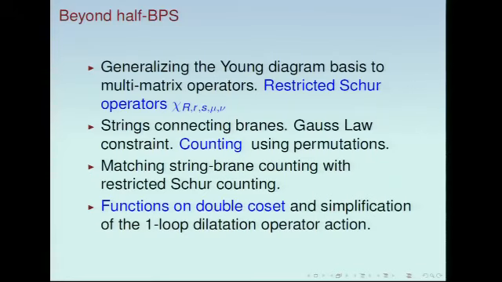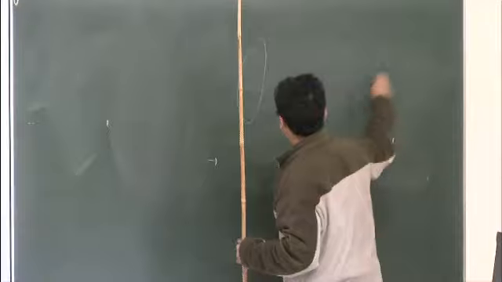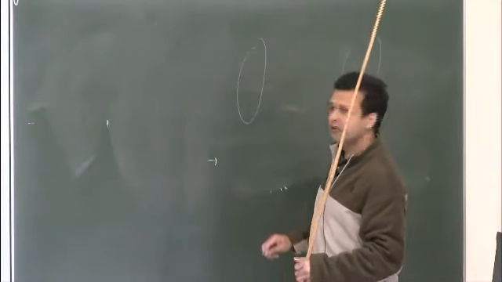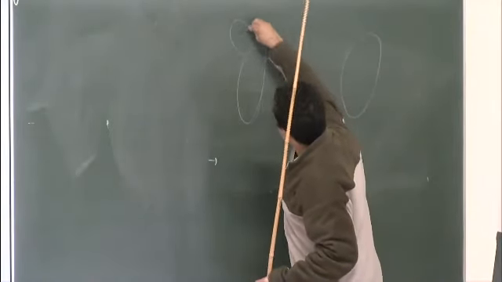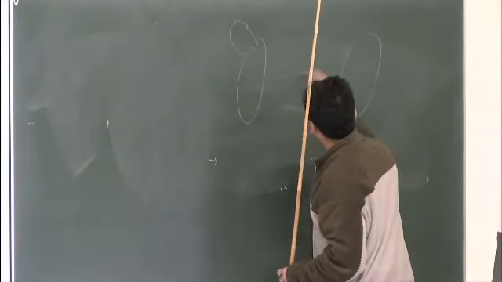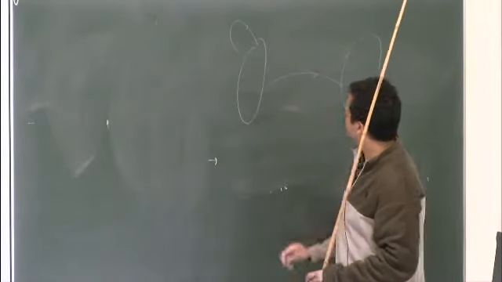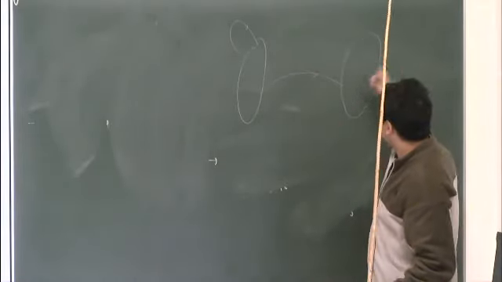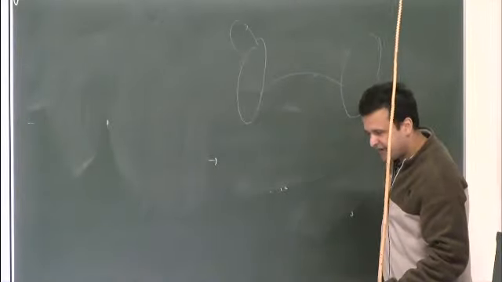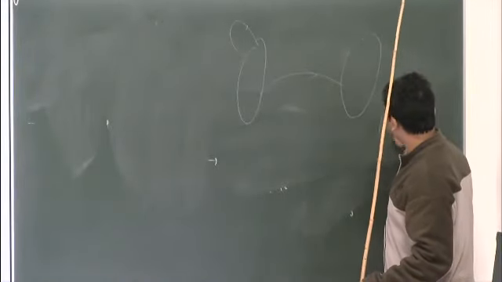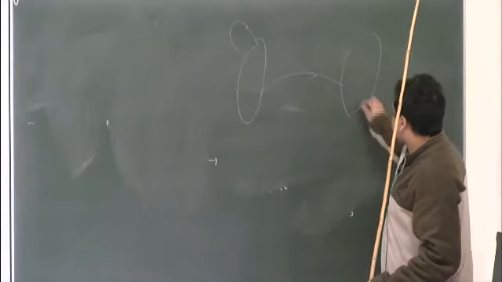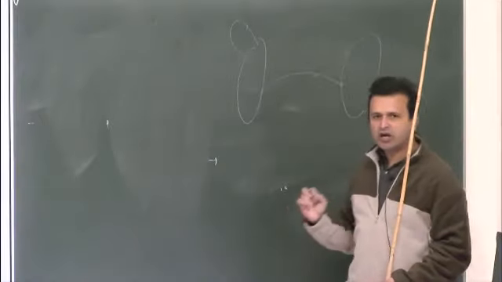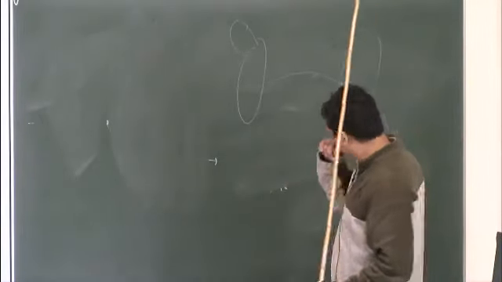And then if you think about multiple branes, here is a spherical brane, here's another one. You can think about a string attached to it, or you can have a string attached across. But for example, this is an inconsistent configuration, because the brane carries a U(1) gauge field. The string endpoint is charged under that U(1) gauge field.